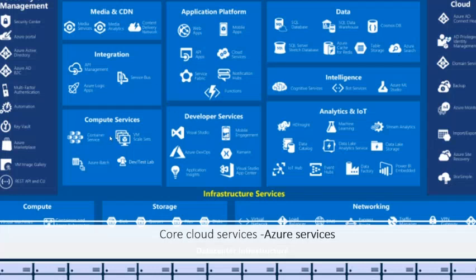Then compute services: you have virtual machines, container services, Azure Batch, Dev and Test Lab. For developer services, of course, you use Visual Studio, Azure DevOps, Application Insights, Xamarin, Visual Studio App Center.